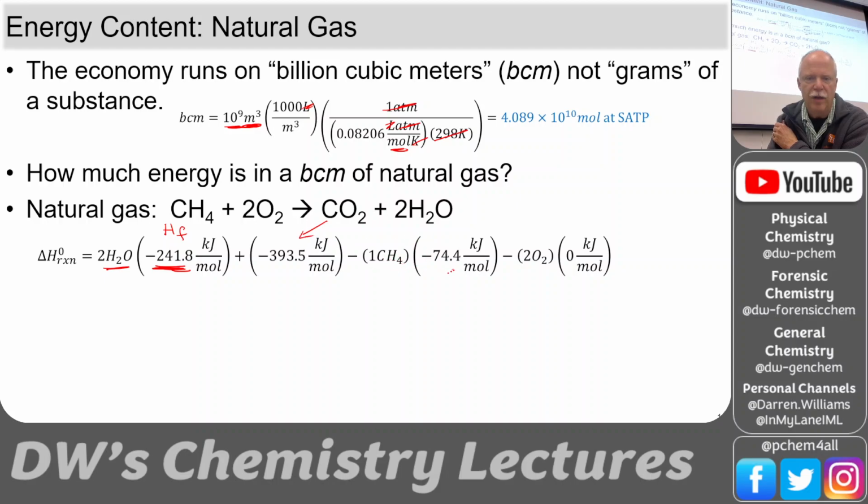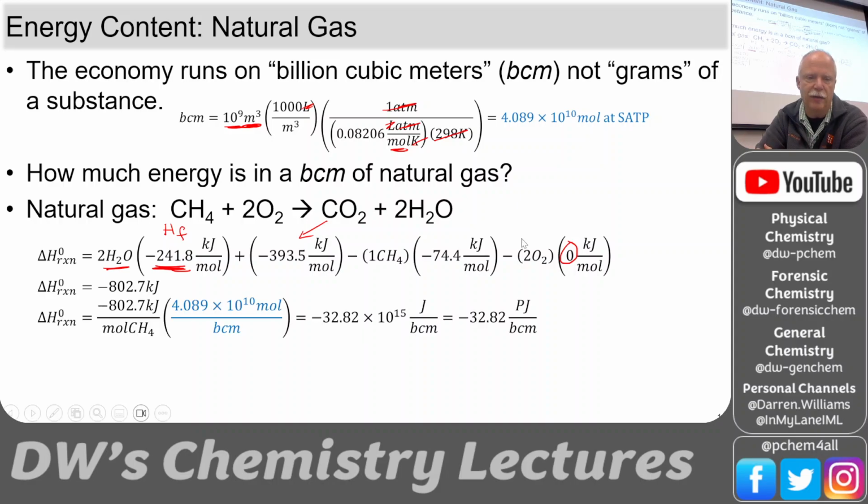And then we're taking apart a methane, and we're taking apart oxygens, which is 0 because it's an element in its standard state. So this is straight from our class, I think it was Chem 2. Delta H of reaction, negative 802 kilojoules for this reaction, or per mole of methane.